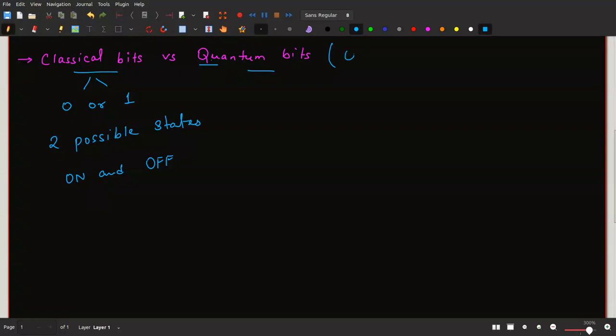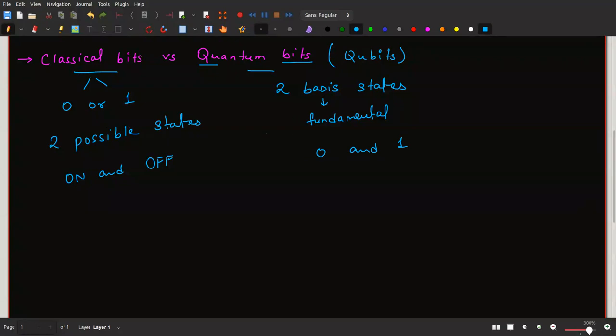We take the "qu" from the word quantum and add the suffix "bit", so it becomes qubit. In a quantum computer also, we have two basis states, or you can say two fundamental states, and those two fundamental states are 0 and 1.